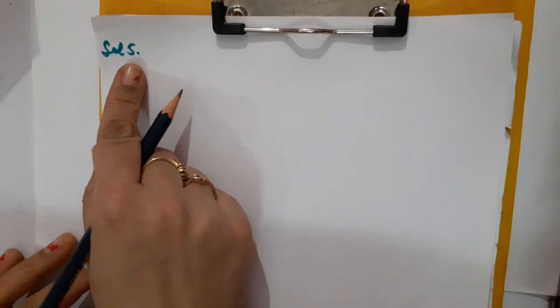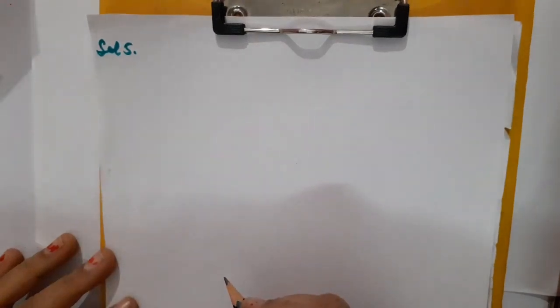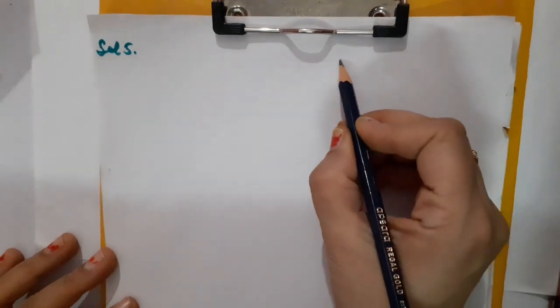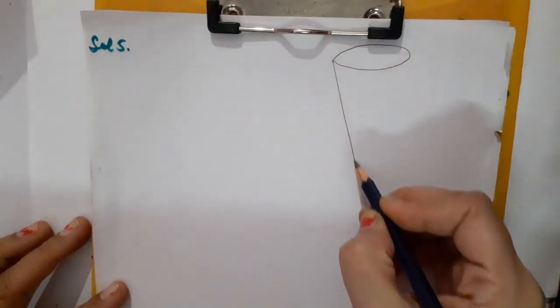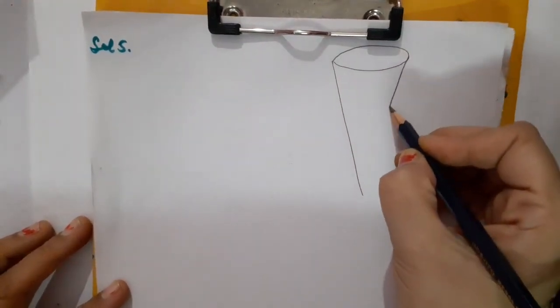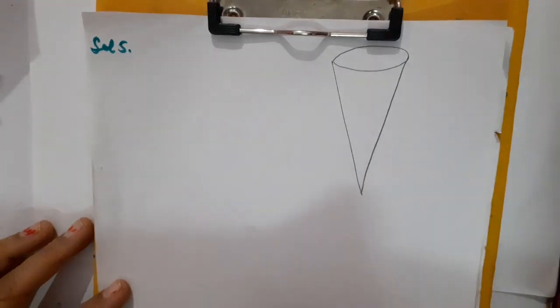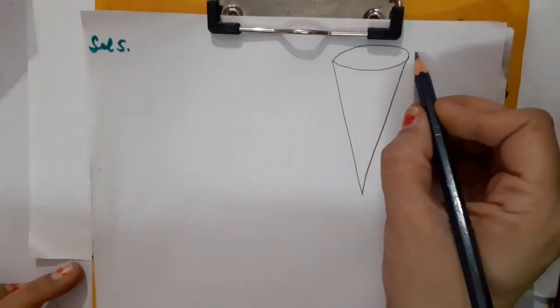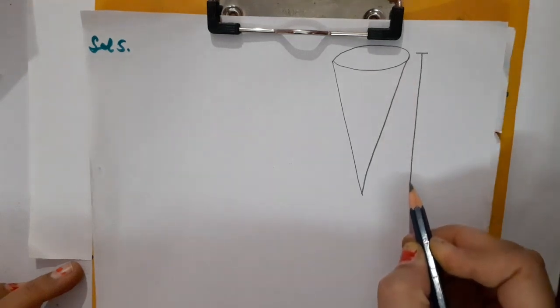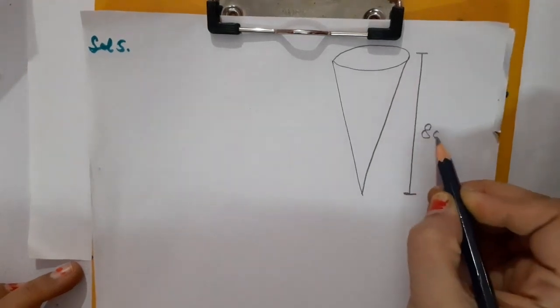That is question number 5. A vessel is in the form of an inverted cone. So let us make a big vessel which is conical in shape and it is in the shape of inverted cone. Fine. Its height is 8 centimeter. What is the height of the conical vessel? 8 centimeter.